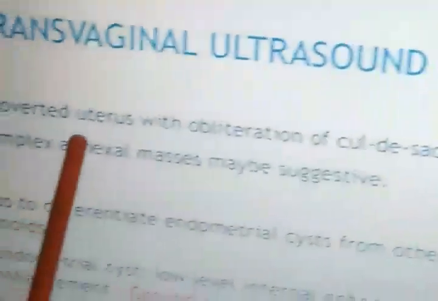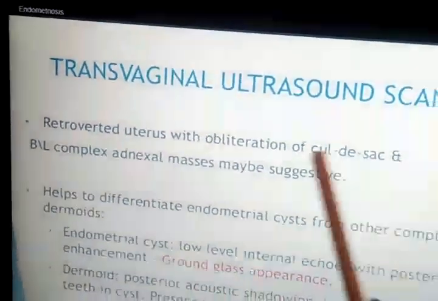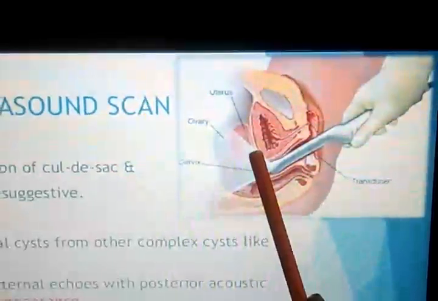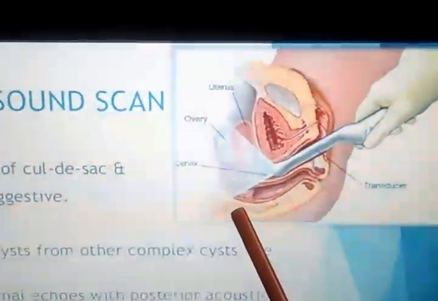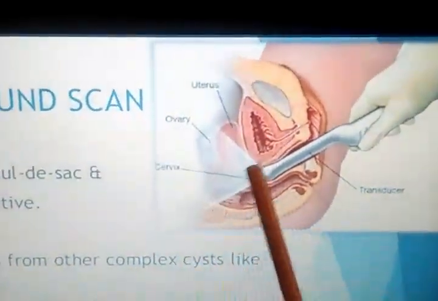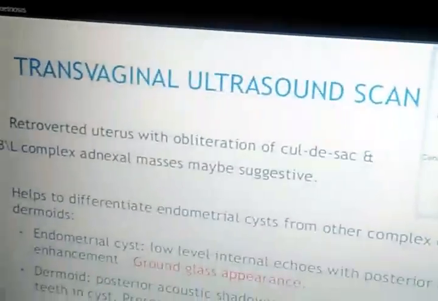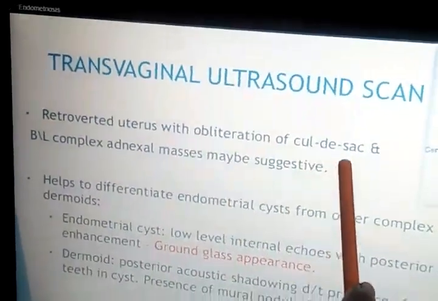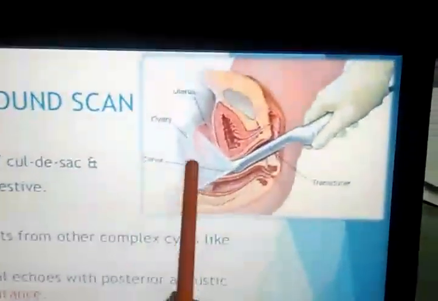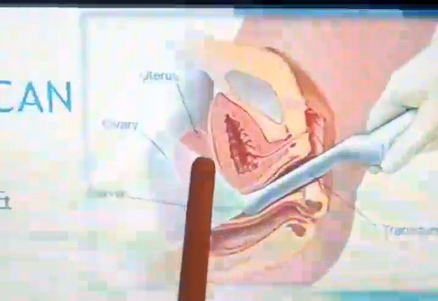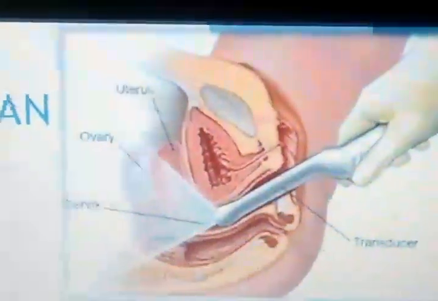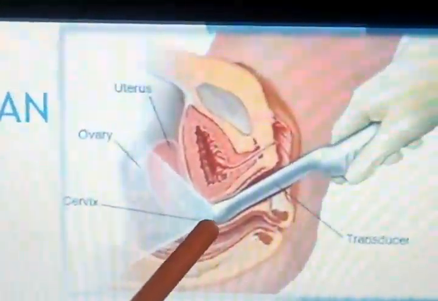If there is retroversion of the uterus, normally the uterus is anteverted, but if it is retroverted, it goes backside. Behind it is the cul-de-sac, and due to the retroversion these spaces get compressed, that is, obliterated, which we can see.